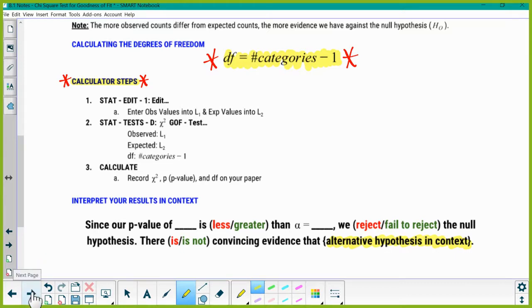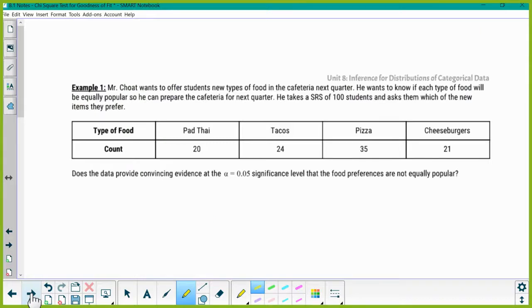Okay, let's go ahead and do one of these tests together. Mr. Choate wants to offer students new types of food in the cafeteria next quarter. He wants to know if each type of food will be equally popular so he can prepare the cafeteria for next quarter. He takes an SRS of 100 students and asks them which of the new items they prefer.